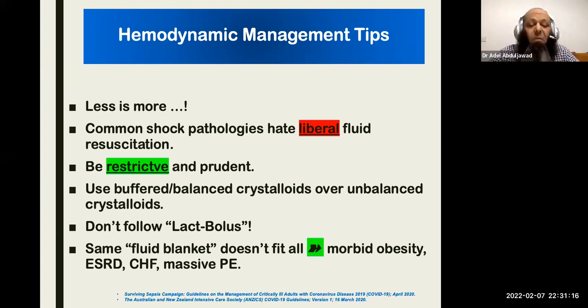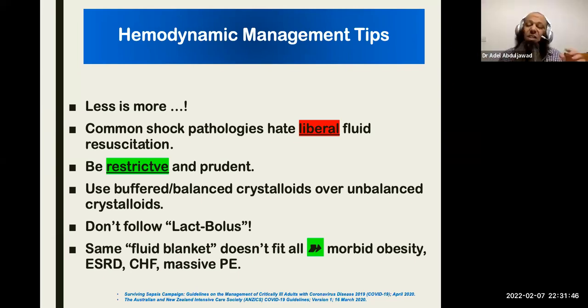And remember that the same fluid blanket does not fit all. What does it mean? For example, in septic patients, the Surviving Sepsis Campaign tells you to give 30 ml per kg of body weight during the first hour bundle. But this amount does not fit all. For example, if the patient is morbidly obese, are you going to give him only 30 ml per kg?